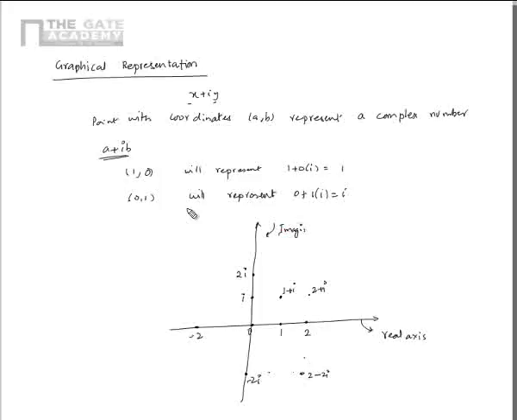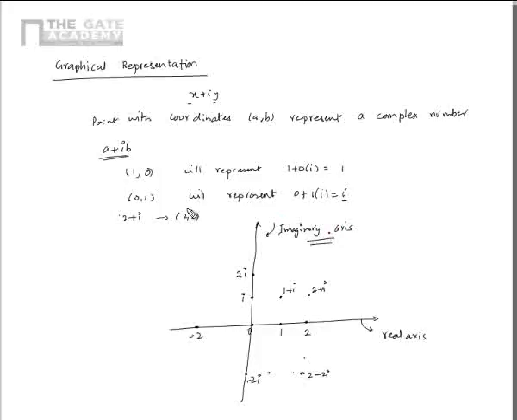And why imaginary axis? The number that is attached to the imaginary i, say for example 2 plus i, will basically represent 2 comma 1. Similarly, the imaginary numbers, the numbers attached to the i part, will lie only on the imaginary axis.